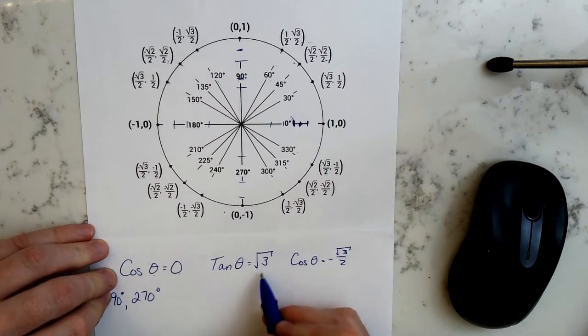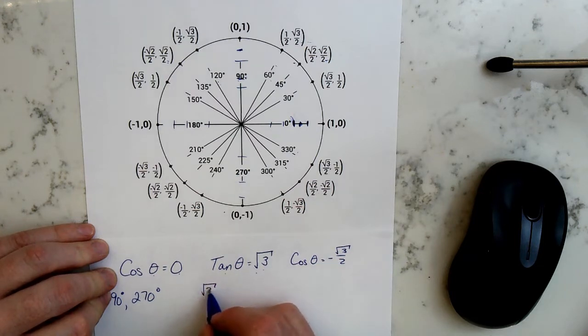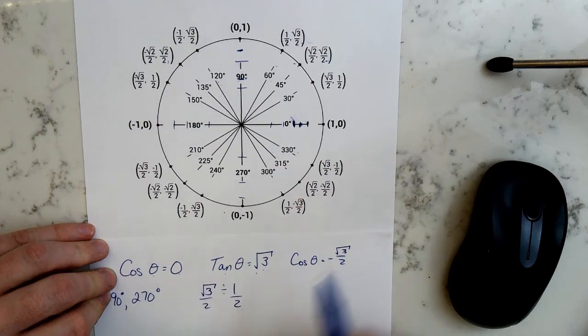Tan, oh, this is one of the hard ones again. We need something divided by its partner that will get root 3. So root 3 divided by 1 will get this. And if we have 2's on bottom, we're looking for a coordinate where we have root 3 divided by 1/2. So the y coordinate has to be root 3.